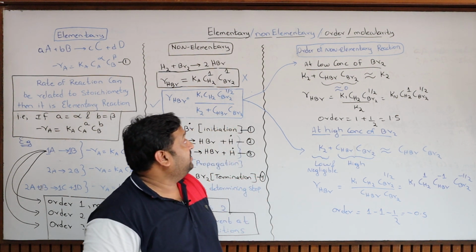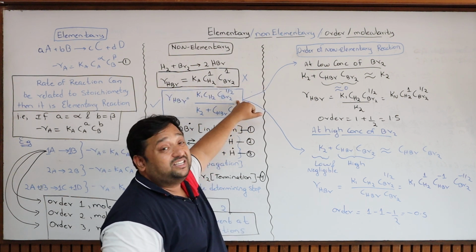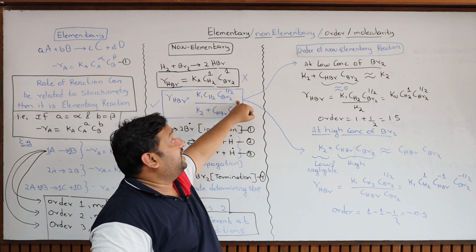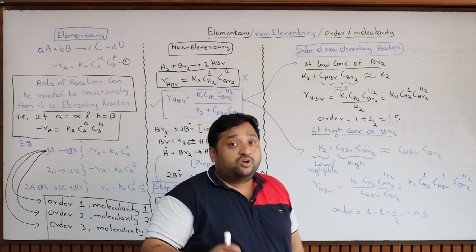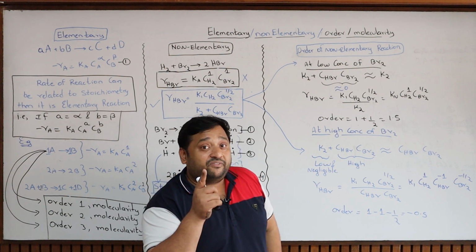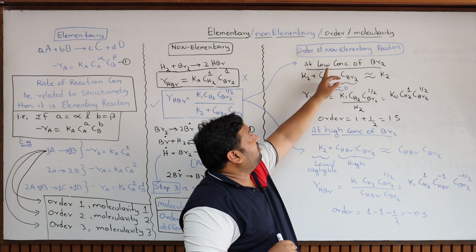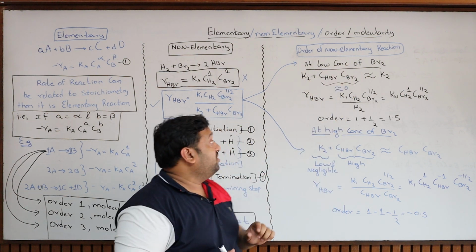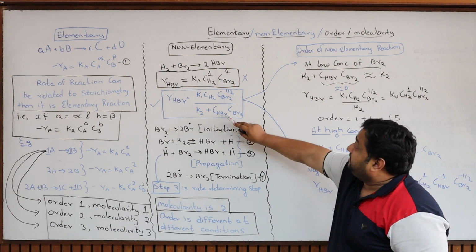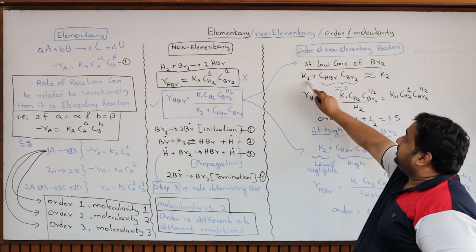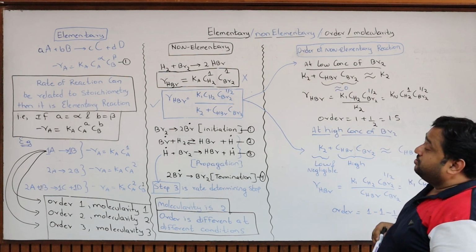For example, I take this equation, let us find out the order of this non-elementary reaction at low concentrations of Br2. I told you the order will be different at different conditions. Let us take one such condition where there are low concentrations of Br2. What happens at low concentrations of Br2? Take this equation, take the denominator here: K2 plus the concentration of HBr times the concentration of Br2.